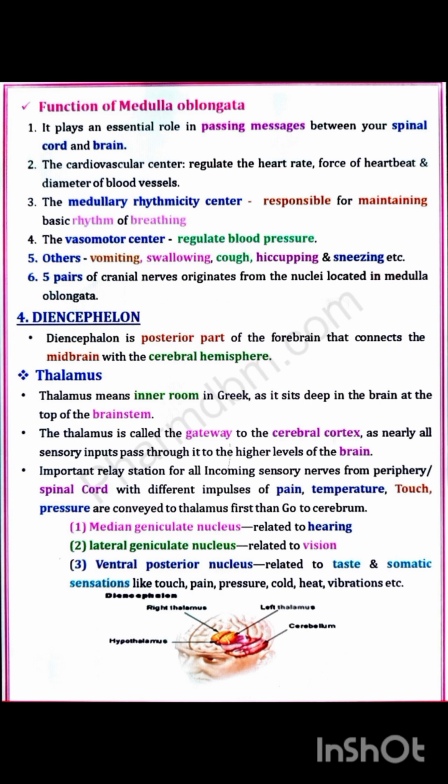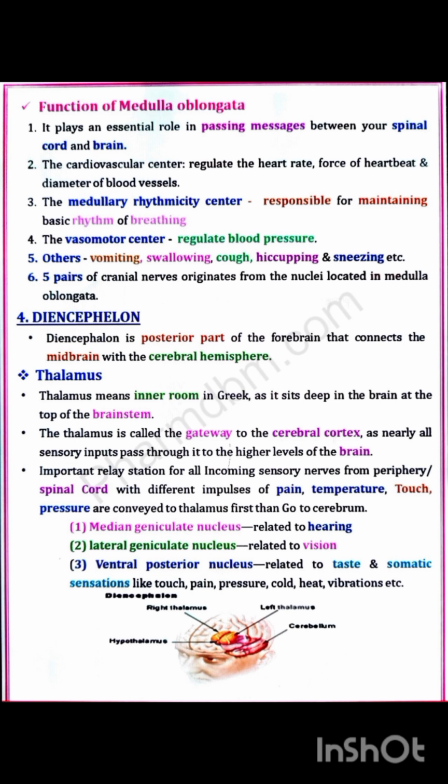The thalamus is called the gateway of the cerebral cortex, as nearly all the sensory inputs pass through it to the higher levels of the brain. It is an important relay station for all incoming sensory nerves from the periphery or spinal cord, with different impulses of pain, temperature, touch, pressure conveyed to the thalamus first, then going to the cerebrum.